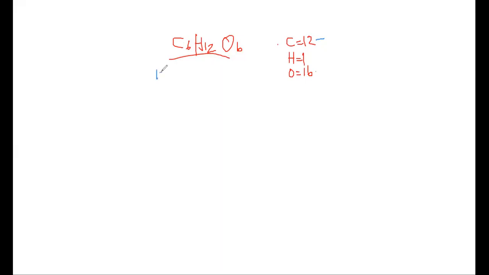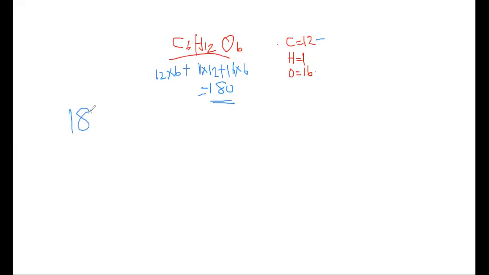Carbon 12 into 6 plus H 1. How many hydrogens? 12 hydrogens, 12, plus 16 into 6. The answer would be 180. The relative molecular mass of this glucose is 180.